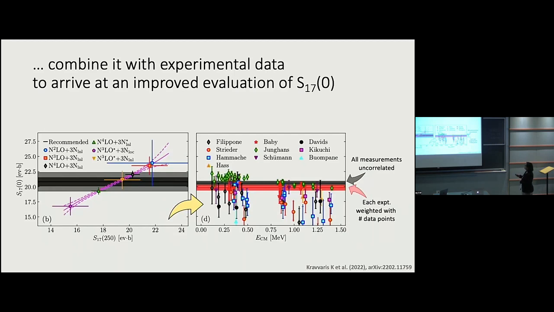And if you do that, you get a less biased evaluation that is here. So the new evaluation is in agreement with the previous one, except that the error bar is smaller. And this is actually the result for those that are curious.